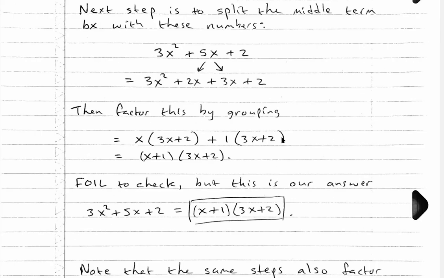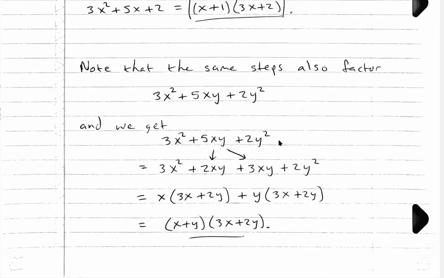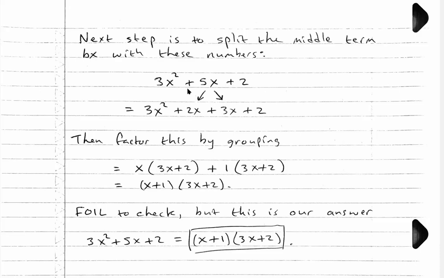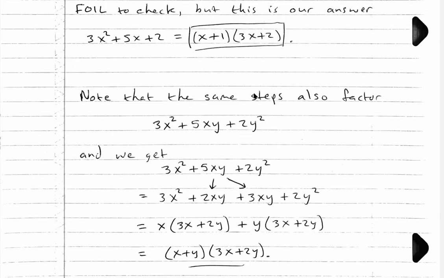Just a note here. If you put in y's, so the same thing, but 3x squared, change this to 5xy plus 2y squared. So putting in y's here, we can also factor this with the AC method in exactly the same way.